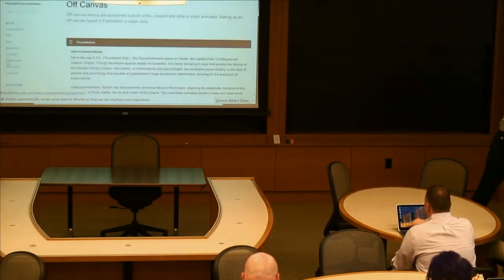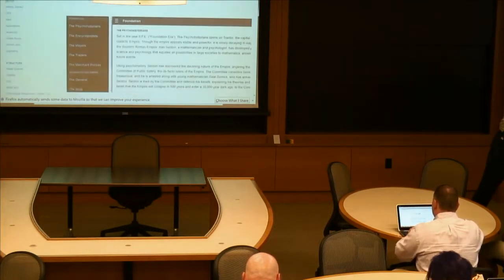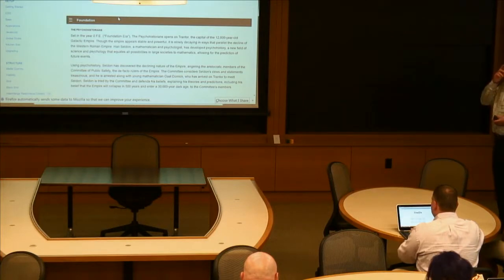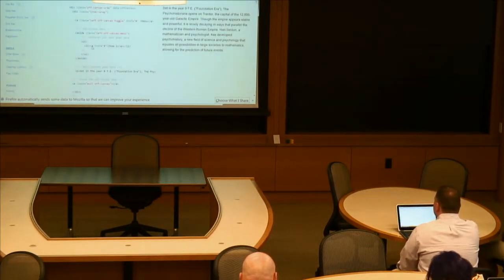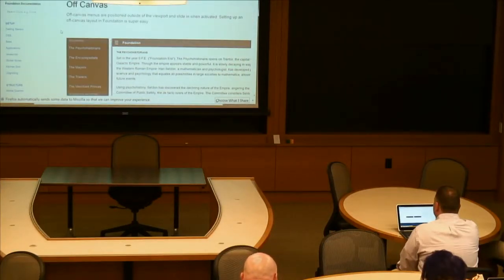Something I'm interested in implementing, but we haven't yet, is a side menu, something like we see on Facebook nowadays. To implement that, the code base is pretty simple. It's an unordered list, you wrap it with a certain tag, and so on and so forth. You end up with a menu that slides out.